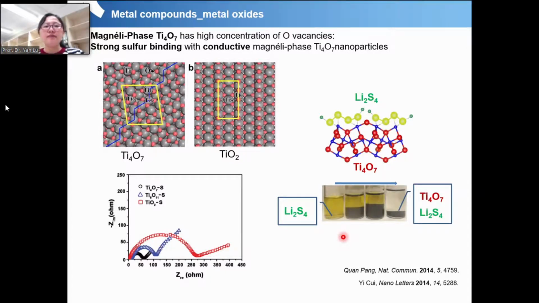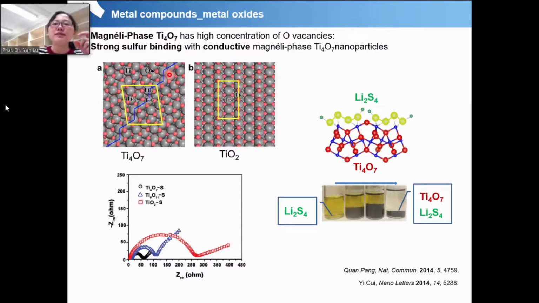One example is titanium suboxide. This is Ti4O7, and compared to titanium dioxide, you see you have oxygen less. So you have a kind of high concentration of oxygen vacancies in your structure.